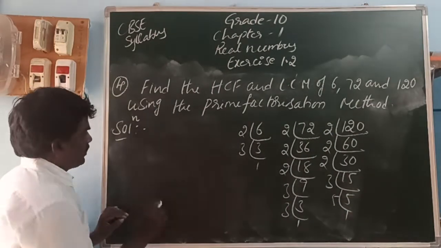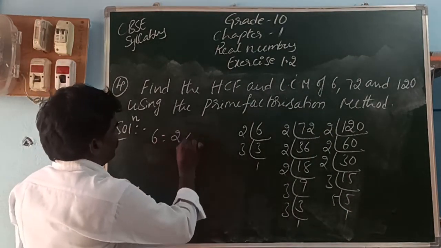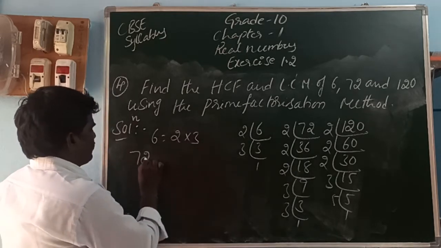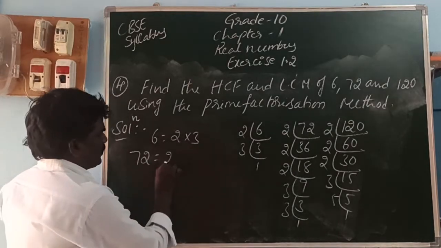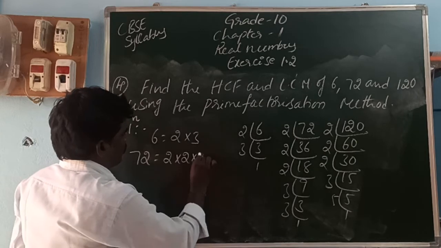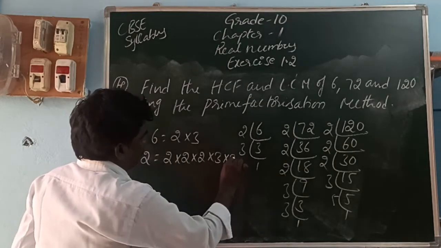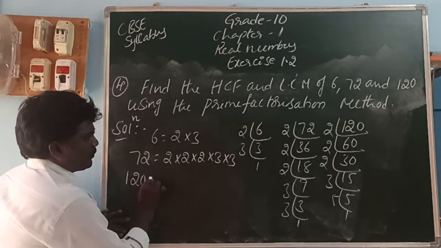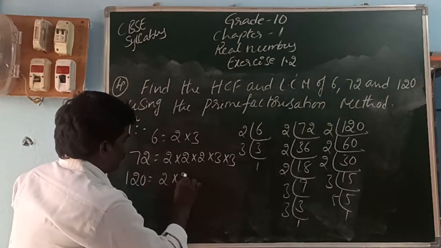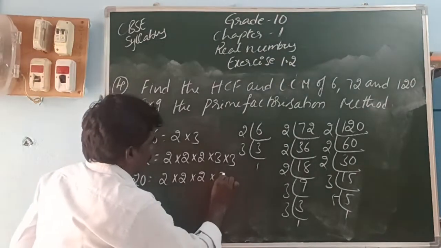Now 6 is equal to 2 into 3. 72 is equal to 2 into 2 into 2 into 3 into 3. 120 is equal to 2 into 2 into 2 into 3 into 5.